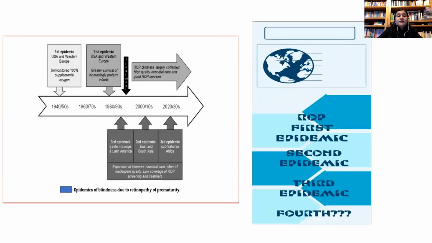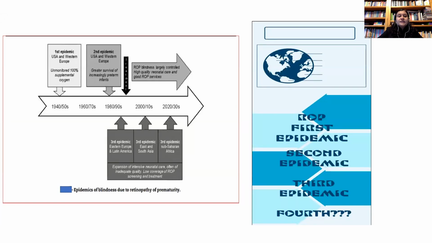The world has seen three epidemics of ROP. The first epidemic was seen in 1940 in the US and Western Europe because of unmonitored 100% supplemental oxygen, and the second epidemic was seen in the 1980s because of greater survival of increasingly preterm infants.